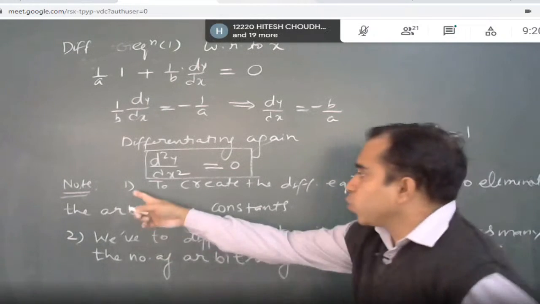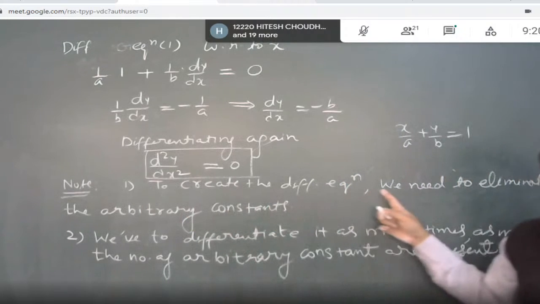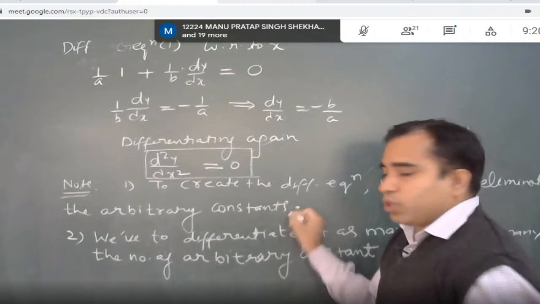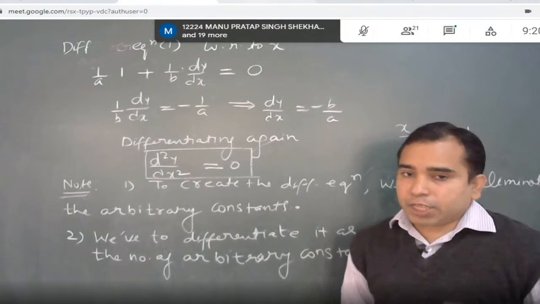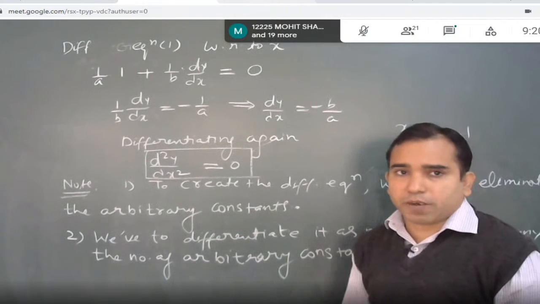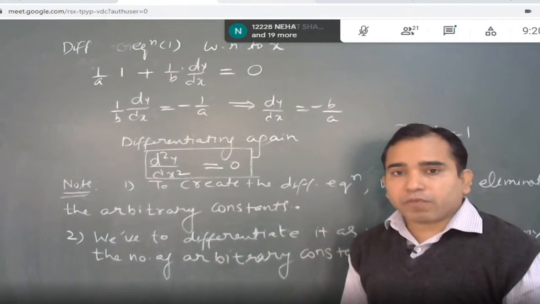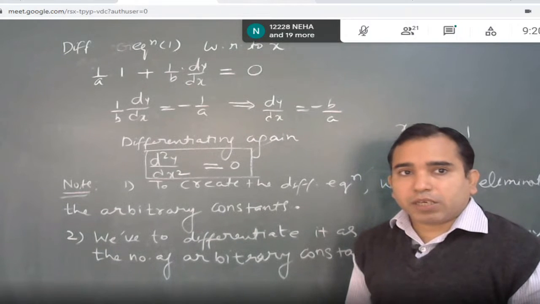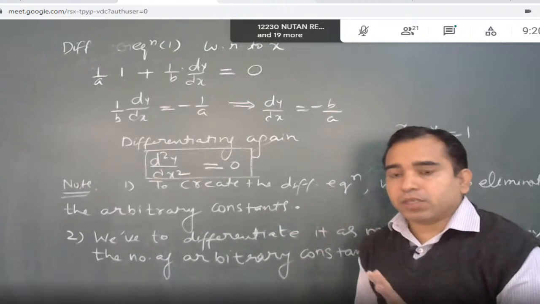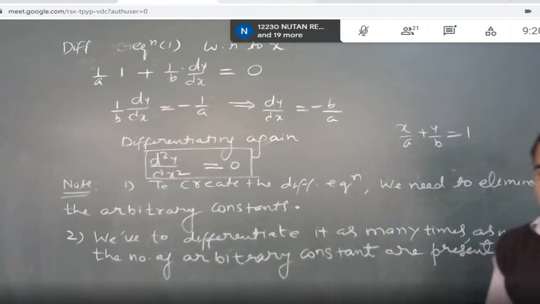First rule says that to create the differential equation, we have to eliminate the arbitrary constants. You should keep in mind that in the final answer, there should not be any arbitrary constant. If any arbitrary constant is coming, it means that is not the complete answer. Still you have to do some more steps.